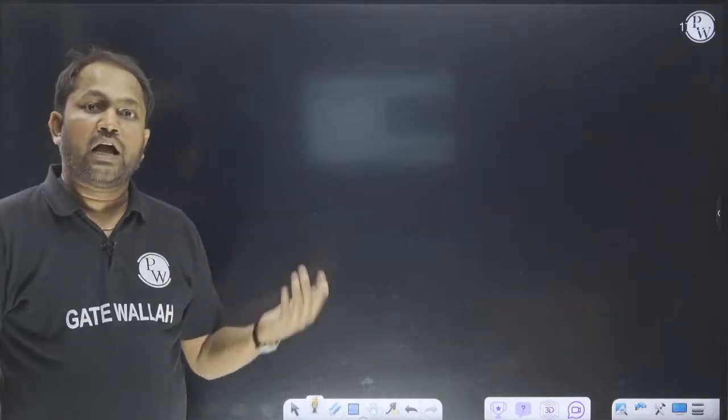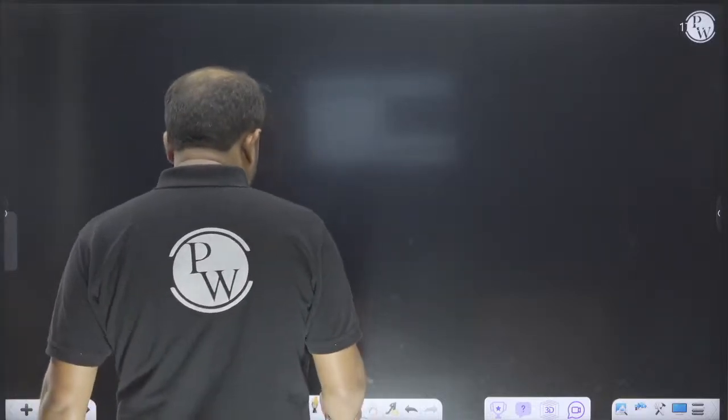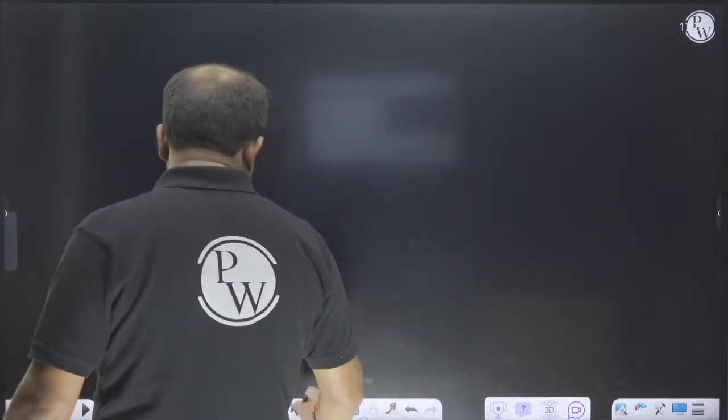According to this analysis, we will write the summary tomorrow. Today we will analyze the VSWR, and after the analysis we will do the question discussion. VSWR is our major topic, so we are going to discuss it in a very good way.